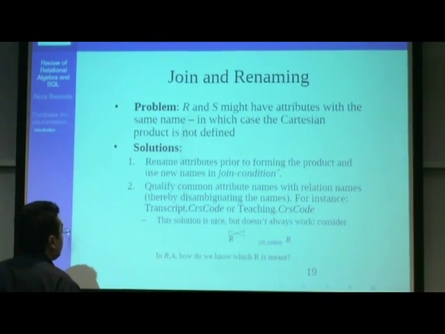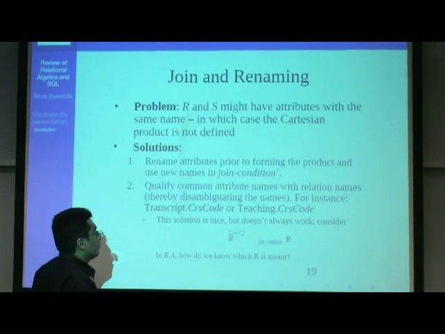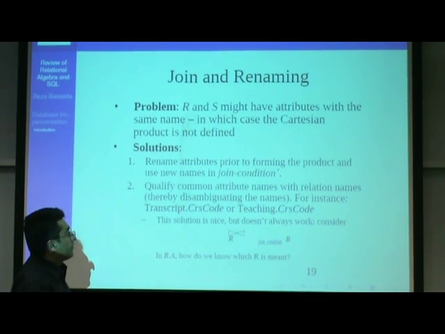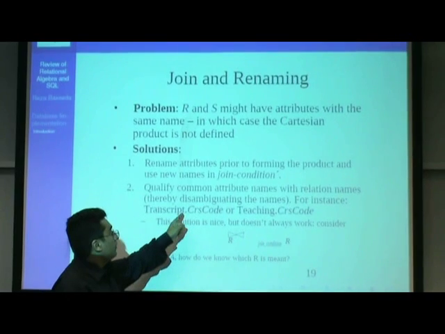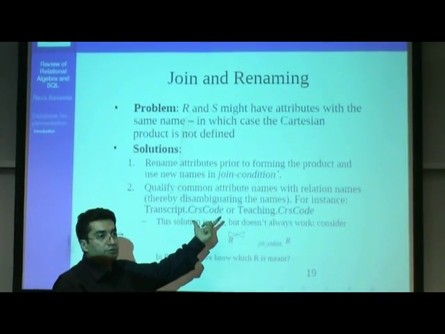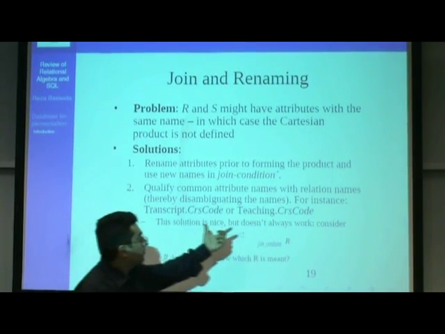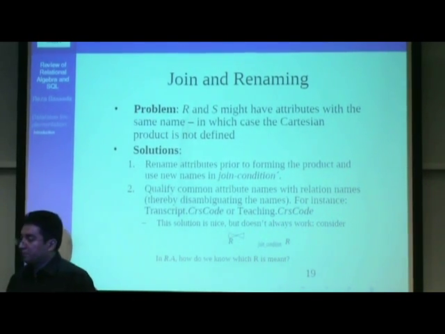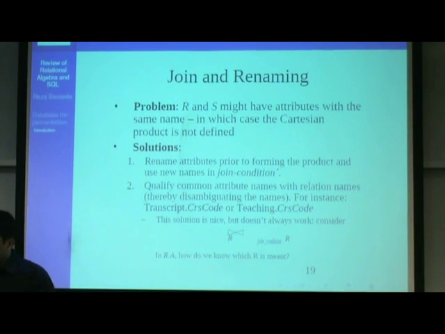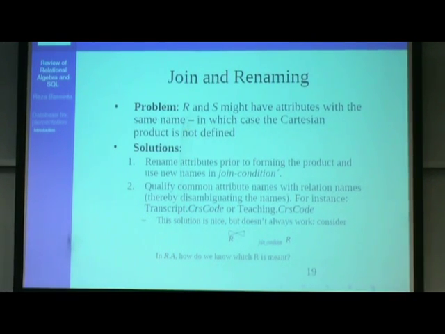Basically, what you do in SQL queries, I'm sure you have used this convention: you mention the name of the table, you put the dot and the attribute name, and the other part is similar. In this way, with this convention, you distinguish between two attributes in the join condition.